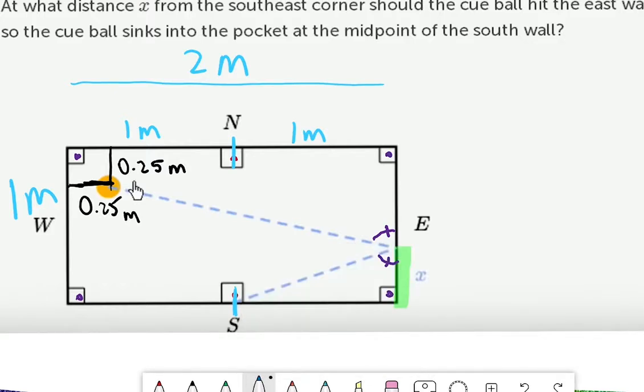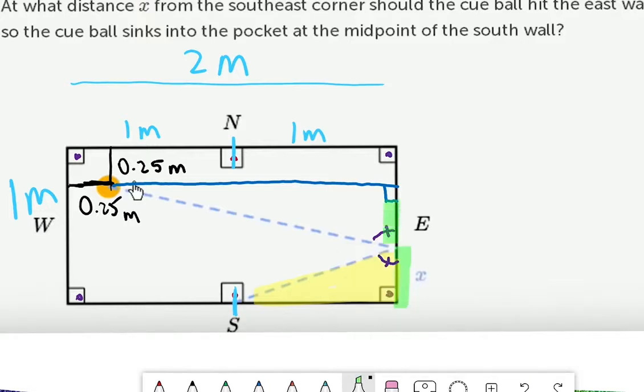We're going to drop a perpendicular line from the center of the cue ball to the opposite end of the table. And hopefully what you can see here is that we now have 2 similar triangles.